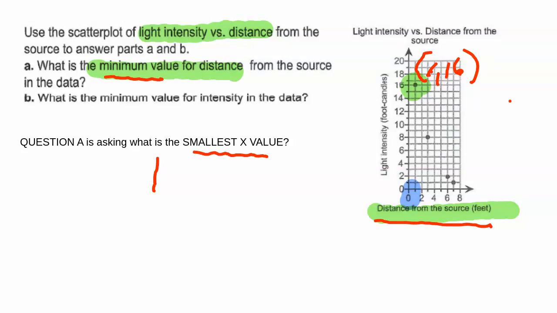Now, here comes B. This is asking you, in this case, for the minimum value for intensity. Well, this is intensity.